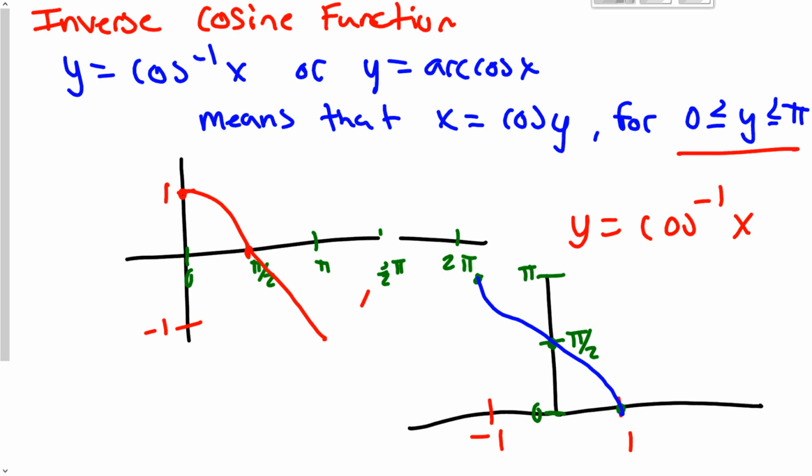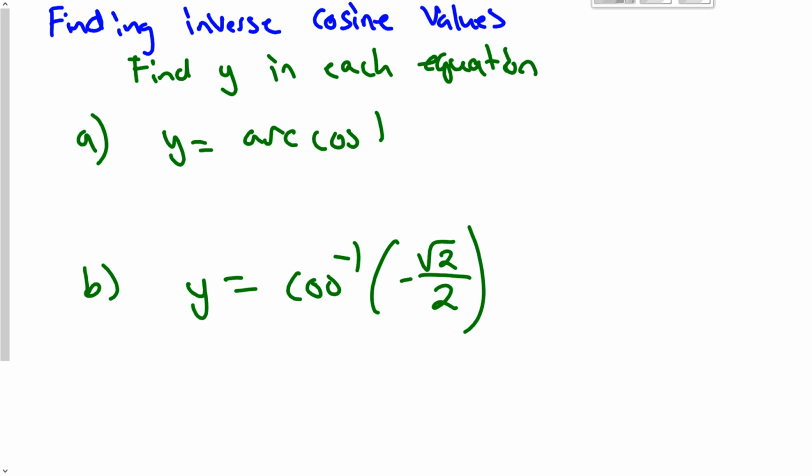So we want to find the angle, right? So let's do a couple examples here. We're finding the angle of arc cosine of 1. If we're doing the left-hand method, when we put down a finger, we're looking to the left of our left hand. So what finger do I need to put down in order to get a 1 out, right? We're looking for what angle gives a cosine of 1?